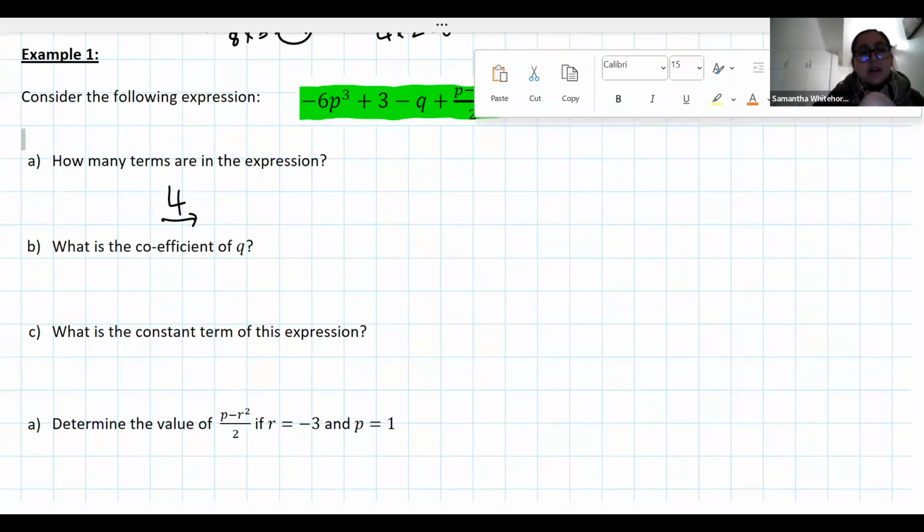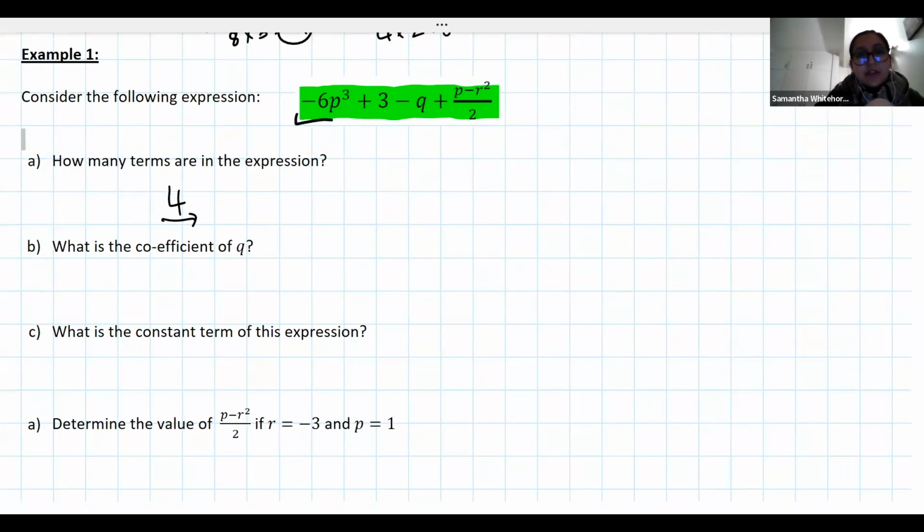Okay, we've got some mixed answers here. So first term is this minus 6p cubed. Second term is the 3. Completely separate is this minus q. So when we have a look at the coefficient of q, firstly, a coefficient is the number in front of the variable.